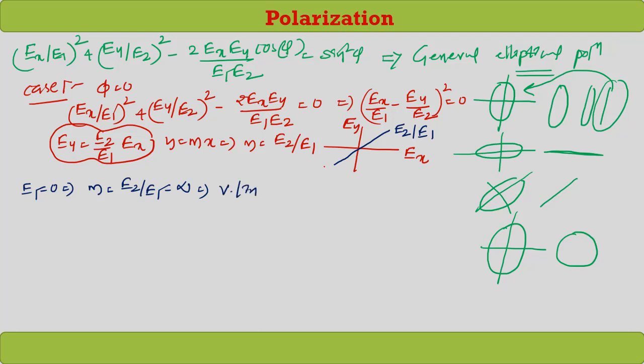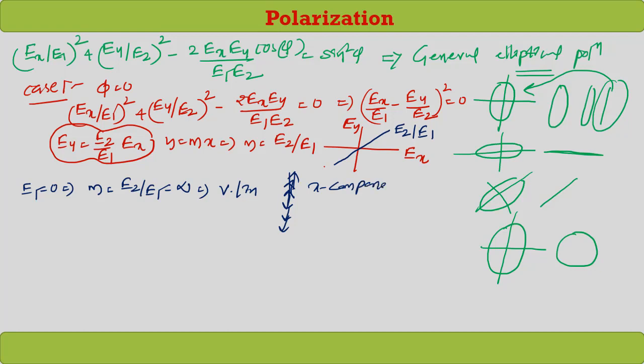Okay, so you will get the electric field orientation like this. Vertical line you will get. Linear polarization, in that vertical line you will get. Okay, that is the meaning of this. E1 is equal to 0 means the x component is equal to 0. Only you have the y component.